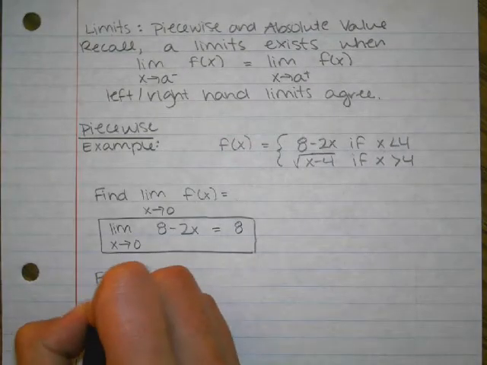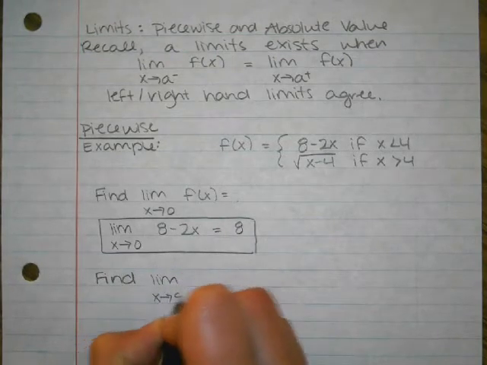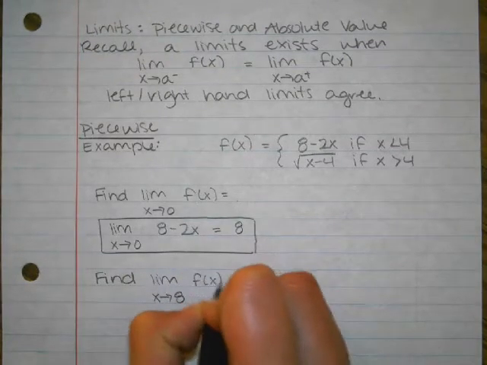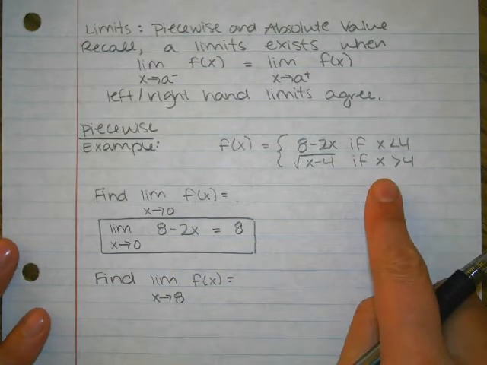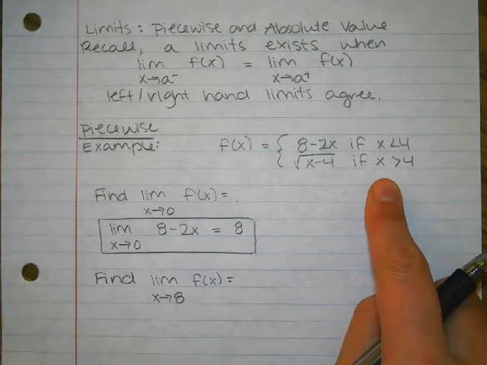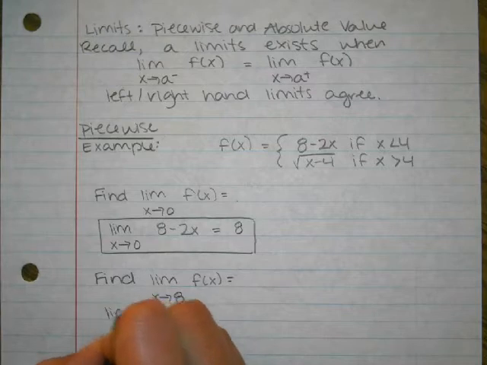All right, for another example, let's say we wanted to find the limit as x approaches 8 of the piecewise function. Again, when I look, I can see that 8 is in the domain of that piecewise function, and so I just have to consider which piece I should plug it into. And this time, it's the second piece.